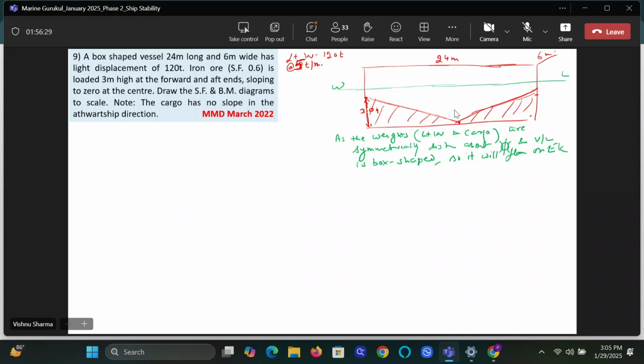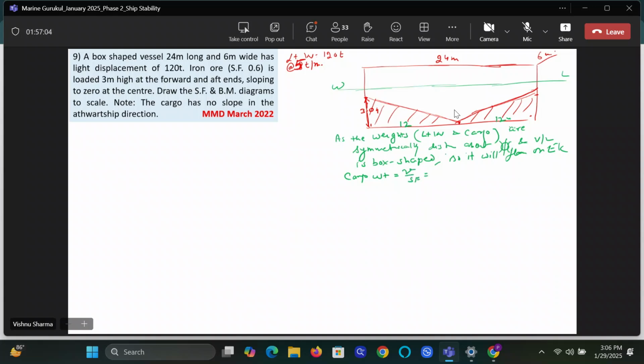Yes, sir. Okay, now let's first find out. We have to find out the light displacement, that is already given. We have to find the weight of the cargo. Can you please find out the total weight of the cargo? 360 tons. The area of the two triangles, each base is 12 meters, height is 3 meters, multiplied by breadth, that is the volume, divided by the stowage factor.